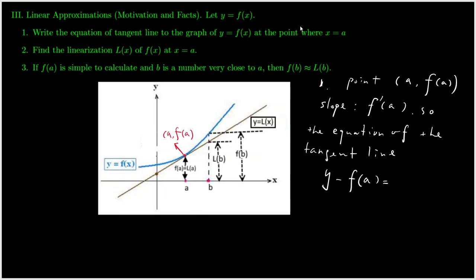The slope f prime of a, right? And then times x minus a, the point slope form. We have seen this too many times. Now the application is relevant to the equation of the tangent line. I told you in the future we would use the equation of the tangent line over and over again, so that's one of the places.